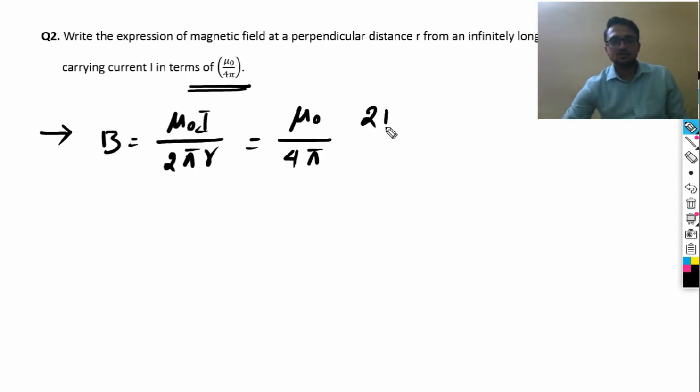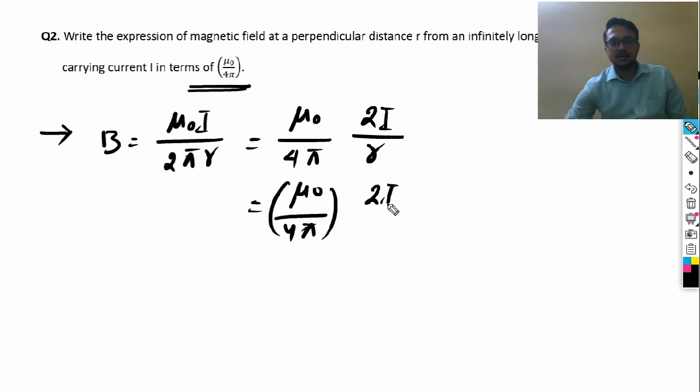So write mu 0 by 4 pi, then 2 I by r. 2 and 4 cancel out, here you will get 2. So this is the answer: mu 0 by 4 pi, 2 I by r. Bas, finished. You don't have to write too much. Sometimes you can get the question: which of the following is the correct relation between the magnetic field and the perpendicular distance from a current carrying wire?